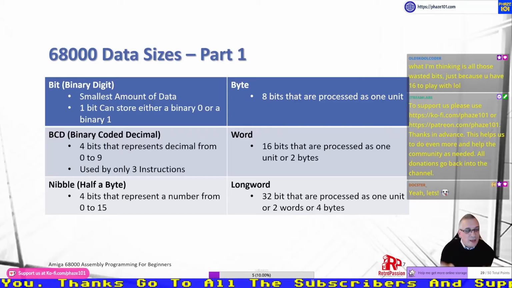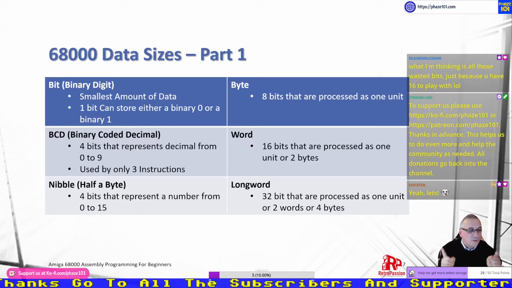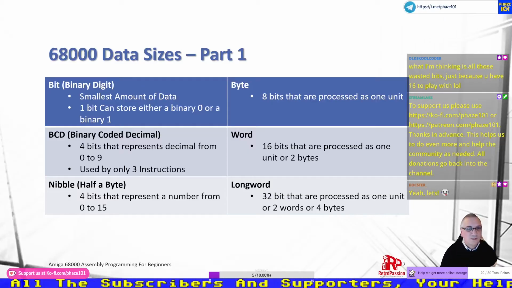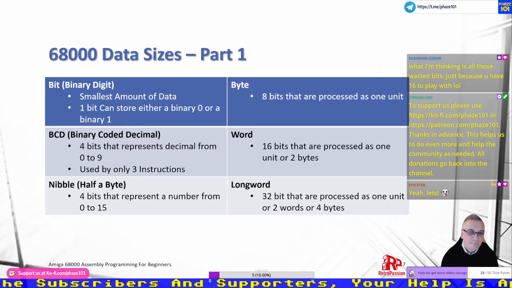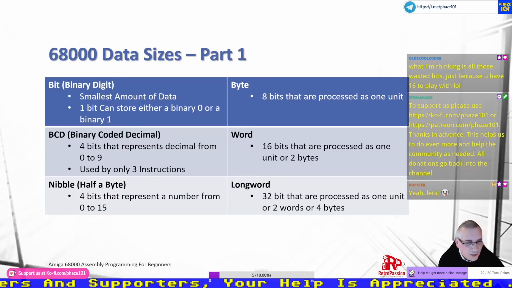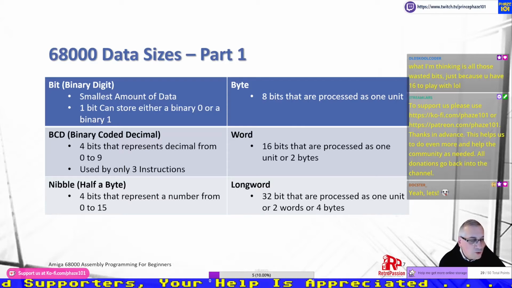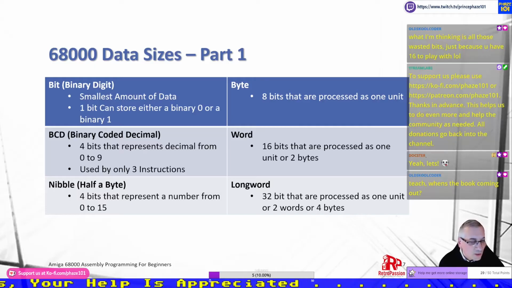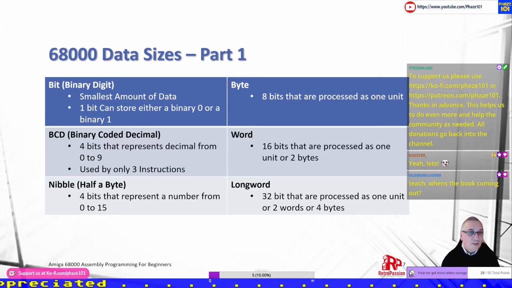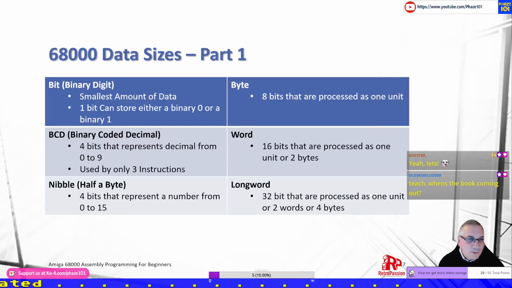This is where the 68,000 gets you when you move from 6502 to 68,000. When you are using an instruction in the 68,000, you need to tell it on how many bits that instruction is going to work. So you all know bit is the smallest amount, okay?